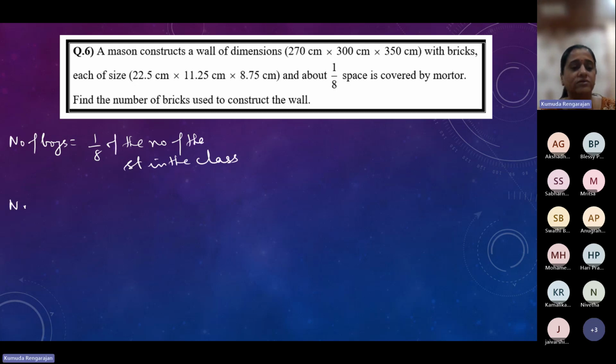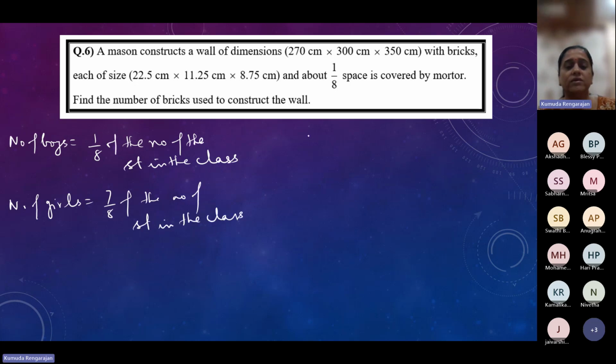Similarly, number of girls is equal to 7 by 8 of the number of students in the class. In the same way, volume of mortar is equal to 1 by 8 of the volume of the wall.